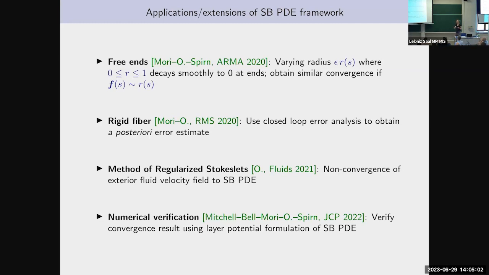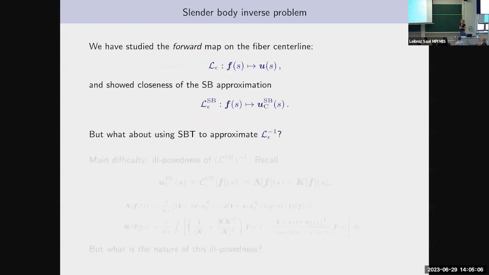But one application that I want to talk a little bit more about is what I call the slender body inverse problem. So thus far, we've been considering the case where you prescribe a force density along the filament and use that to then solve for the velocity of the filament, right? So it's really this map that's taking a force density to the filament velocity.